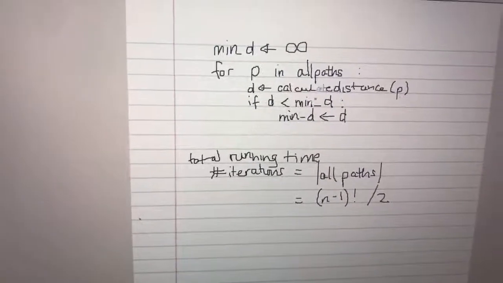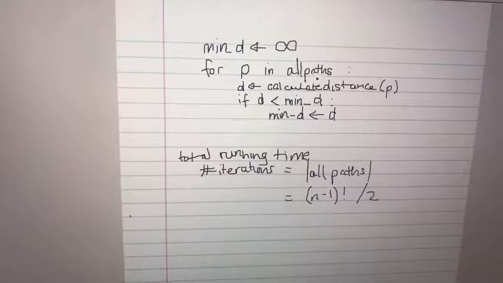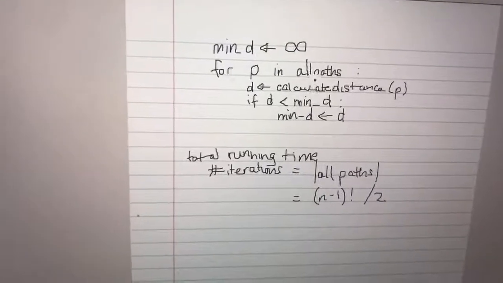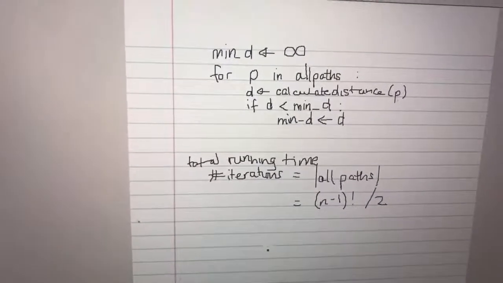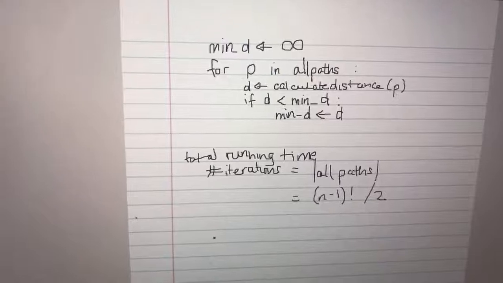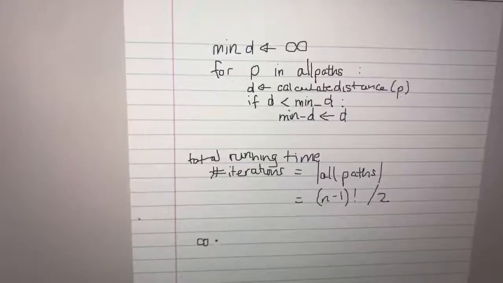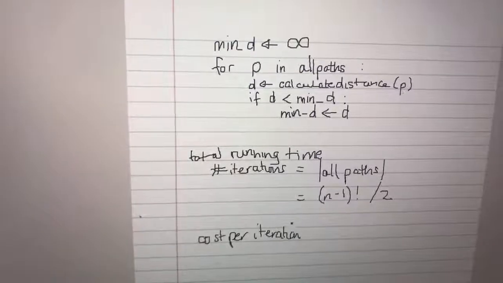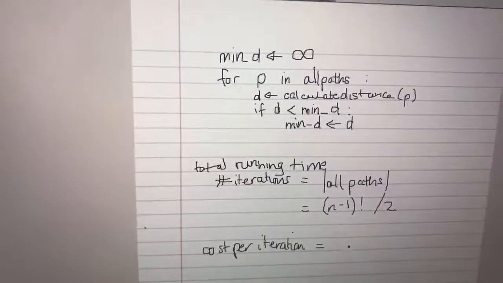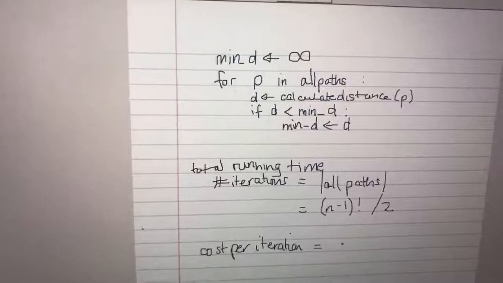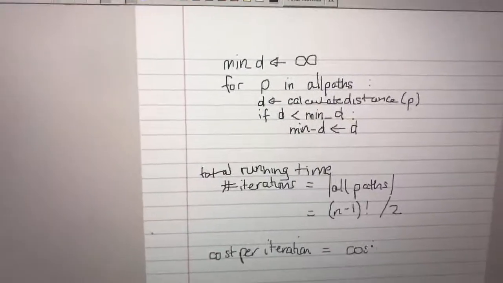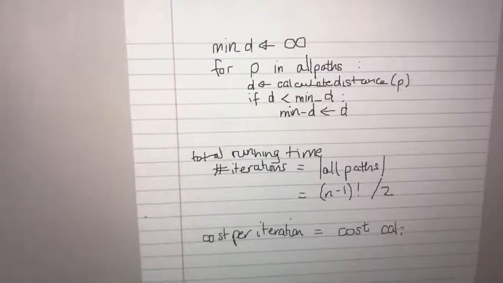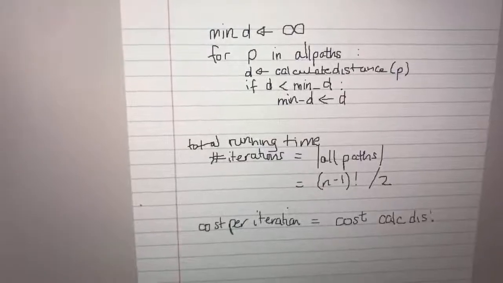So the number of times we have to go through this loop is the number of different circuits we have in this set that we've called all paths. And then the cost of each iteration is equal to the cost of doing the calculate distance function.